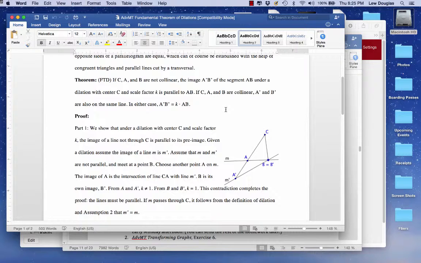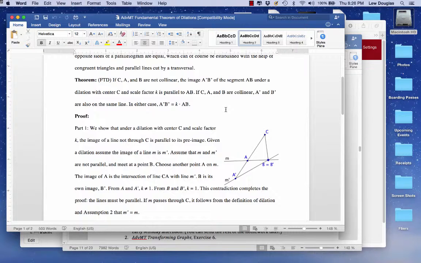That's clear. But if A and B are not collinear with C, so you have some arbitrary segment, then it's also true that the image of the segment AB under a dilation is stretched by the scale factor as well.